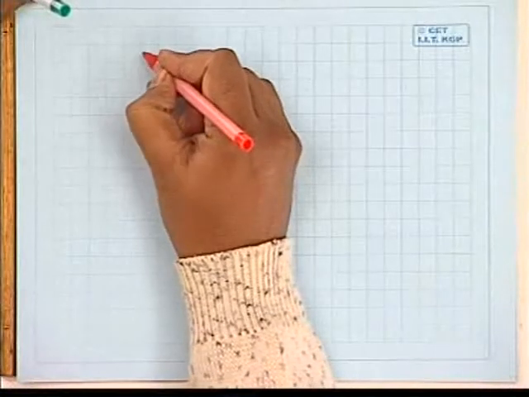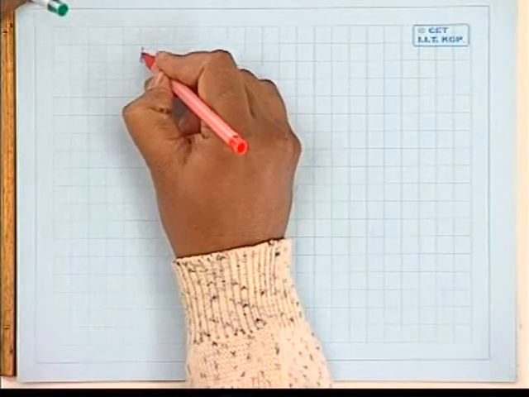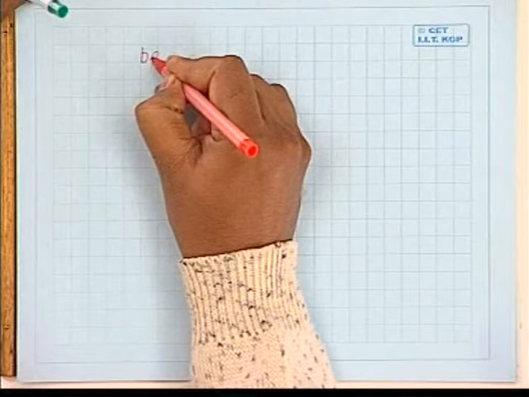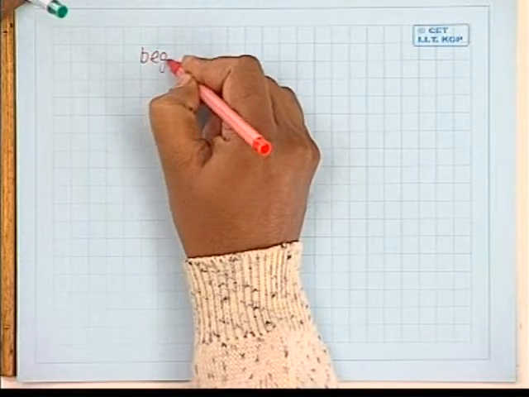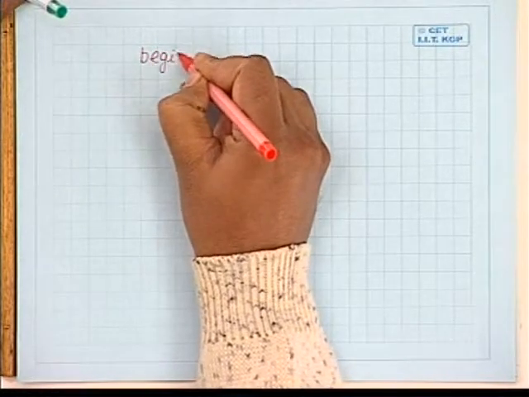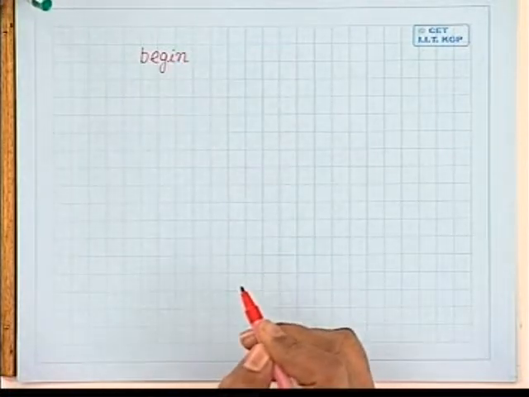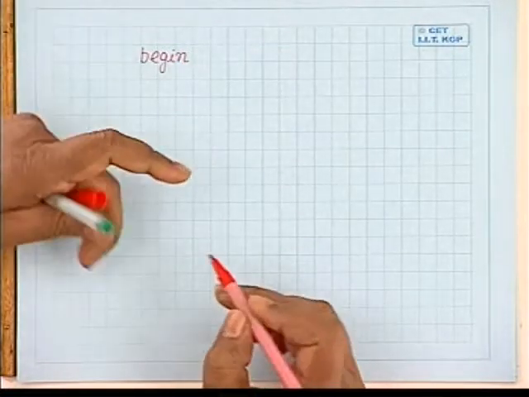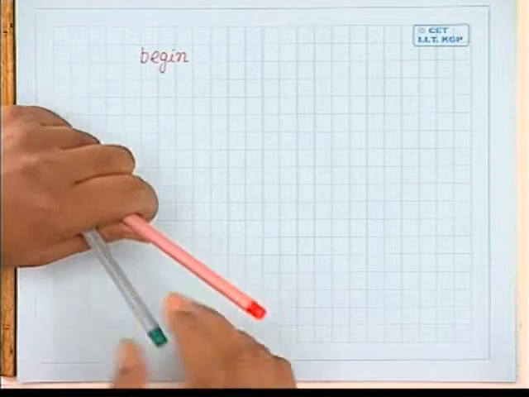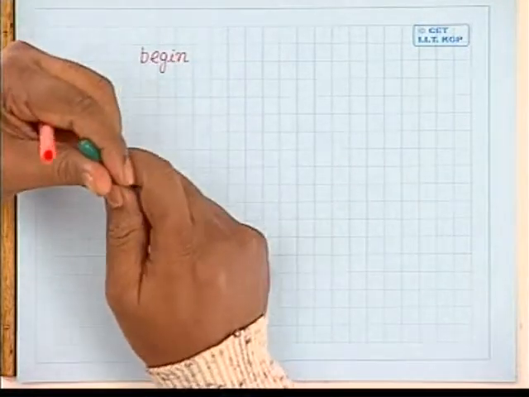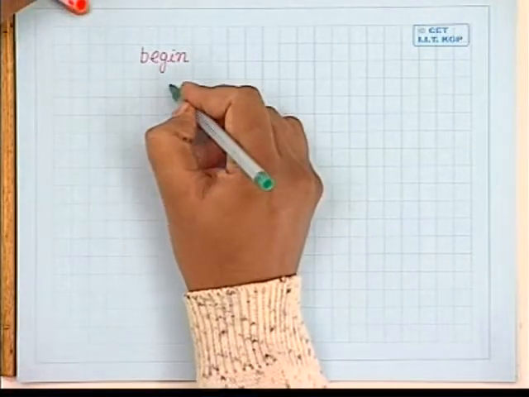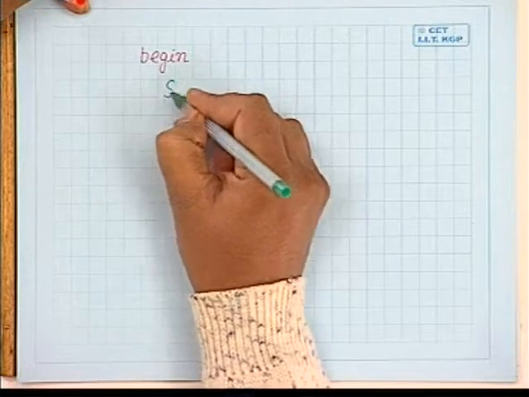I will put them under a begin end construct. So let us use a Pascal-like language. First we have a begin. Following begin, the first statement that has to be executed is statement number S1.